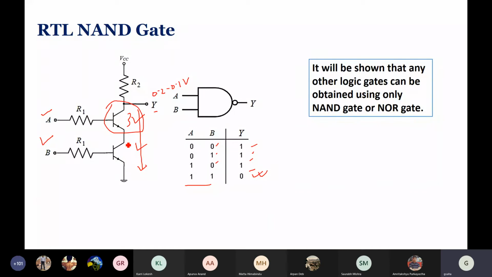So 2 VCE(sat) is there. So this is 0.2 to 0.4 volt, right? But that is treated as low only. Of course, the noise margin etc. will suffer because of this configuration, if you are keeping the next stage at 0.7 volt. Is this fine?